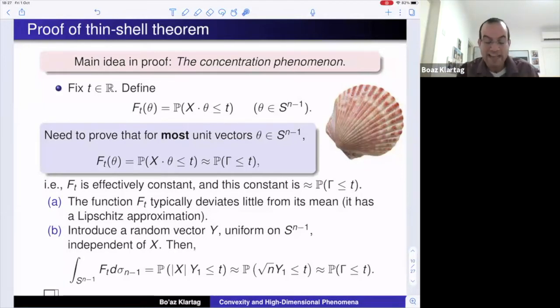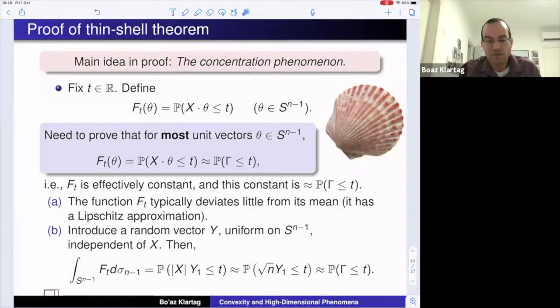So for this, you need to compute the expectation, the integral of f over the sphere, right? The average of f over the sphere is its typical value. And since you need to average the function f over the sphere, it's basically equivalent to taking your distribution and applying some spherical symmetrization to it and working with something which is spherically symmetric.